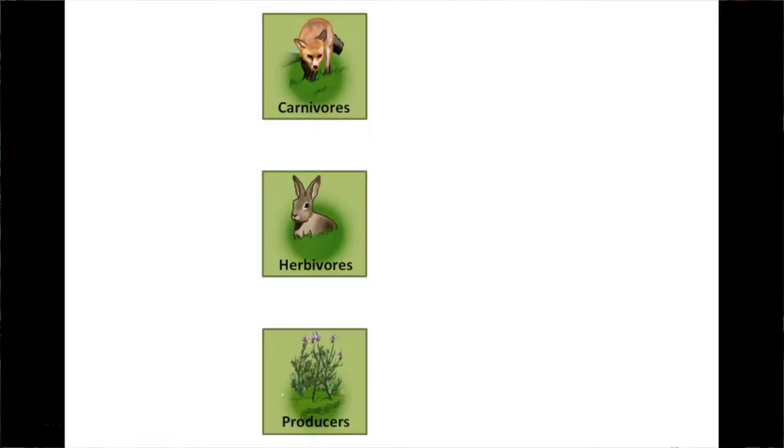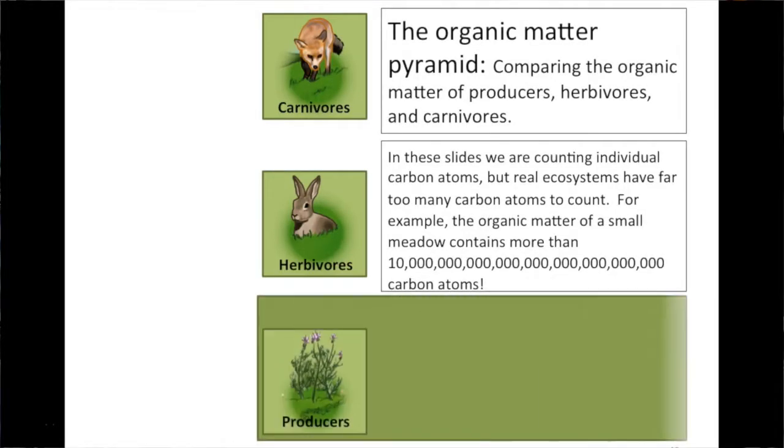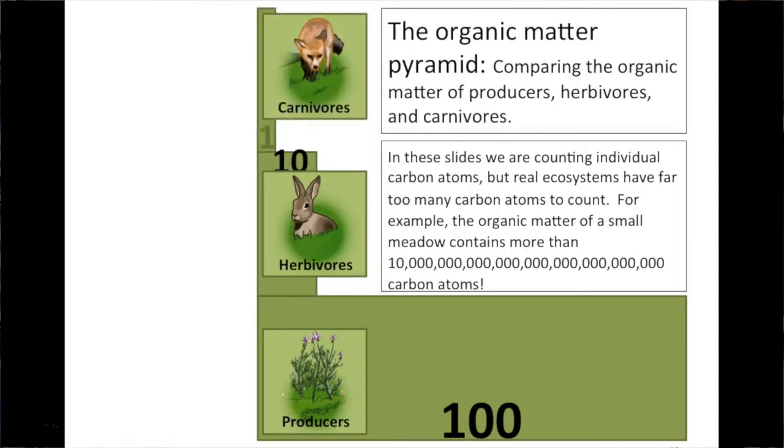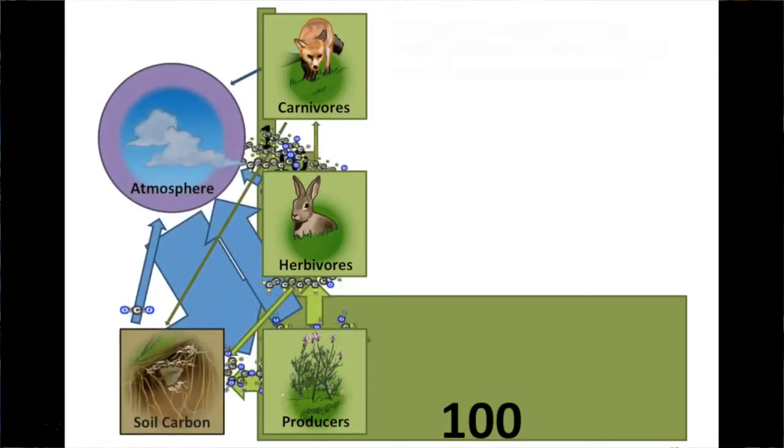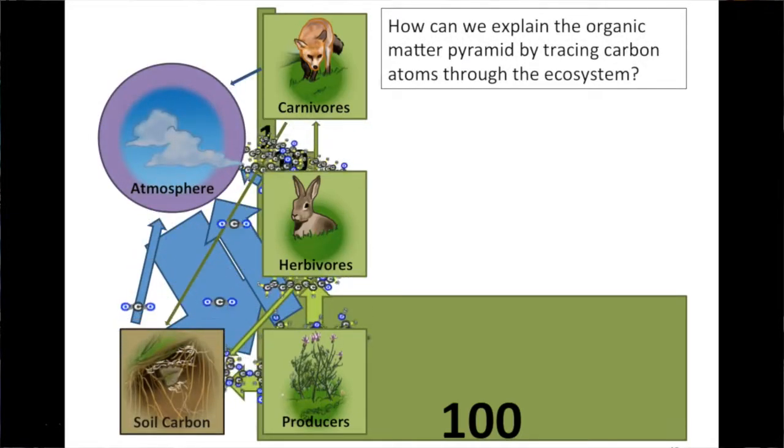In addition to the pattern of how many times they visit as individual carbon atoms, they also get a chance through PowerPoint animation to think about what happens when a whole bunch of carbon atoms moves through an ecosystem. The animation takes the carbon in the atmosphere and moves it from the atmosphere to the producers, to the herbivores, and to the carnivores, and back to the atmosphere.